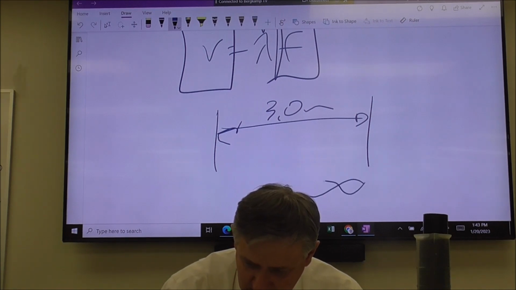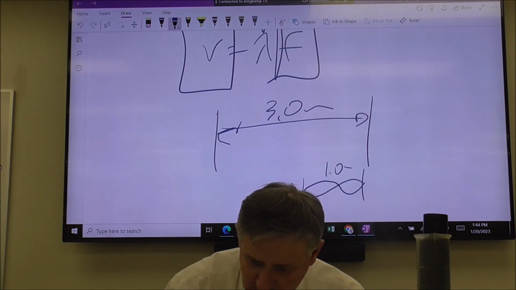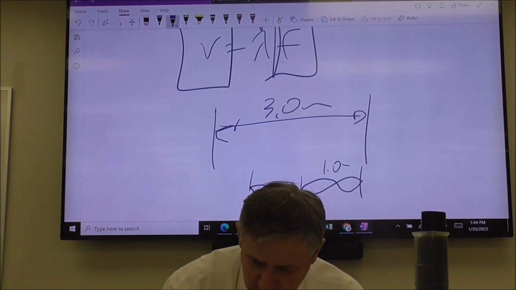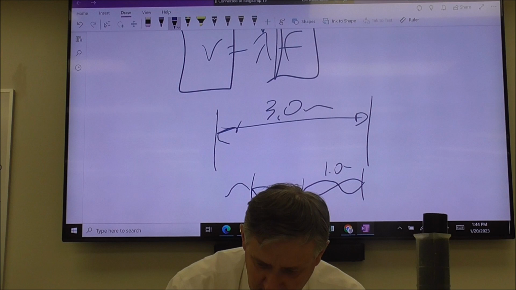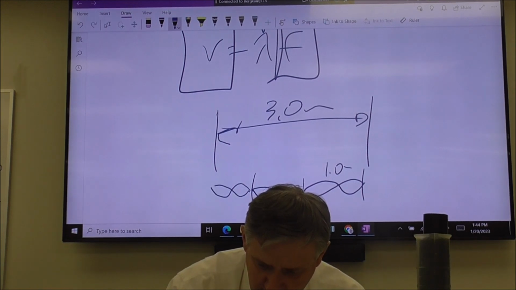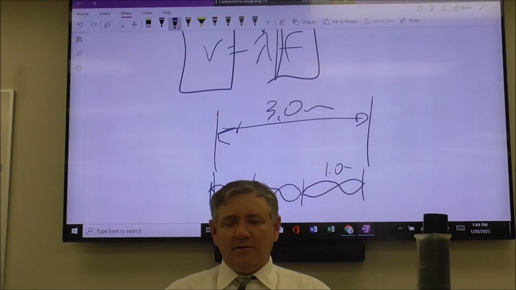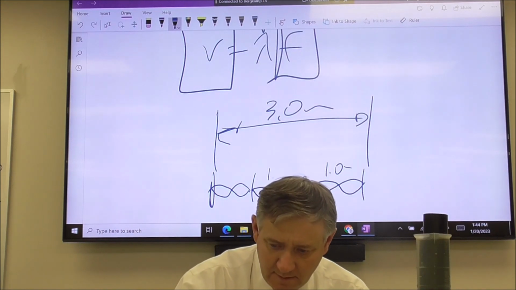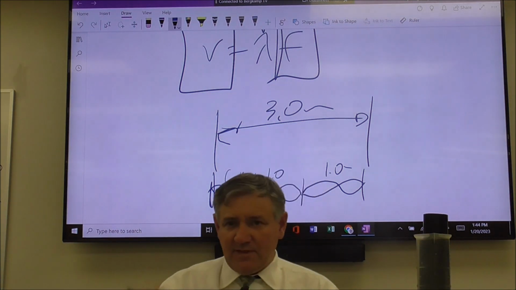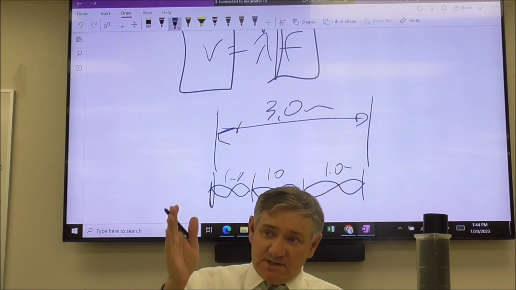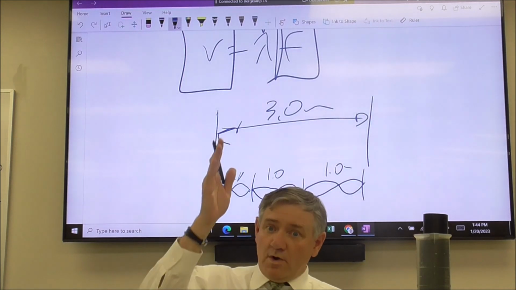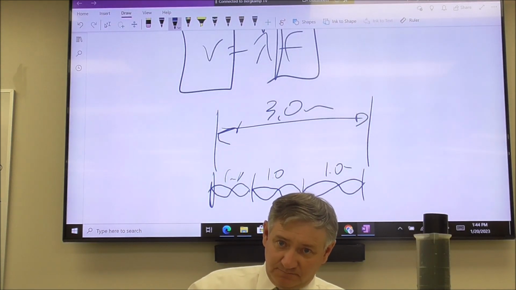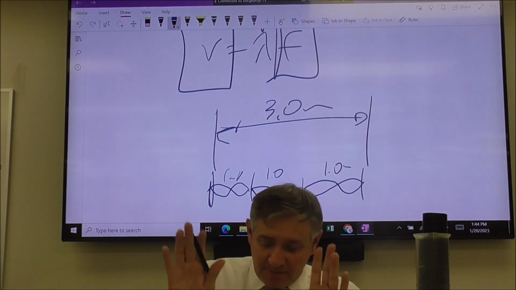Okay? So that would be one wavelength. And then you'd have another one like this, and then another one like that. So you're going to have 3 wavelengths like that. You can only set this up where it's going to reinforce itself, just like what I did back there.